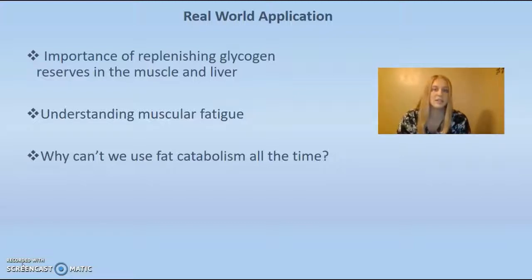Secondly, understanding muscular fatigue. I touched on it a little bit. As the lactate builds up, your muscle is operating in an environment where it doesn't want to be operating. So understanding muscular fatigue and why it happens is a huge part of this.